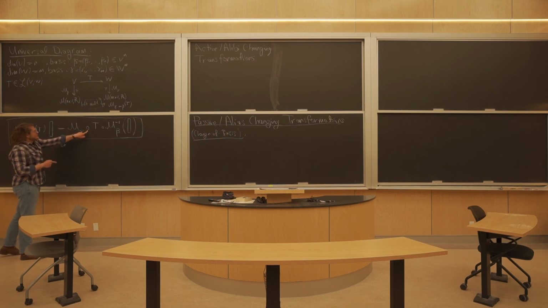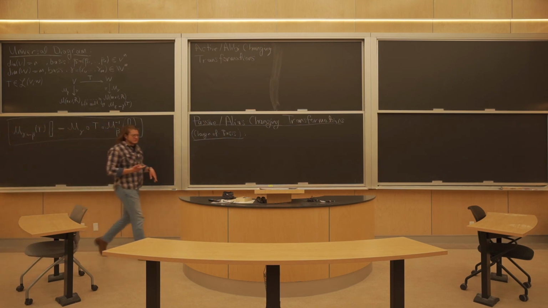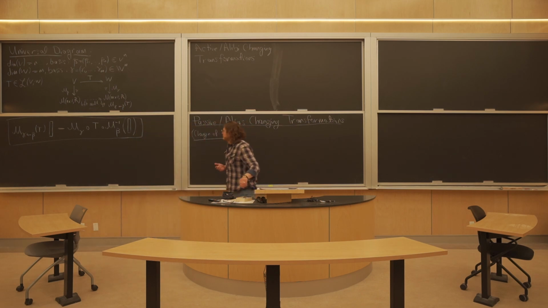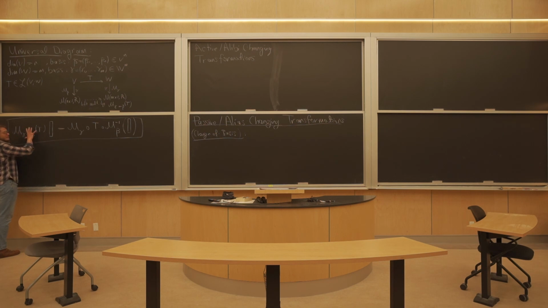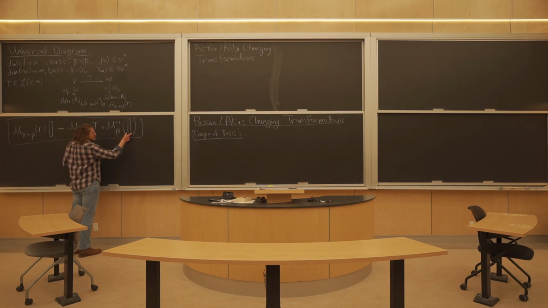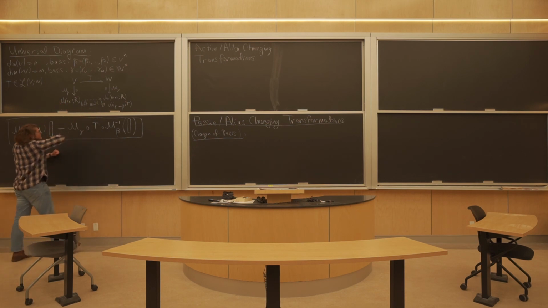This symbol is a symbol for composition. If I take a column vector and multiply it from the left by this representing matrix, that is the same thing as taking this column vector, applying m sub beta inverse, the linear chart given by the basis beta, so that I go back to the vector space.